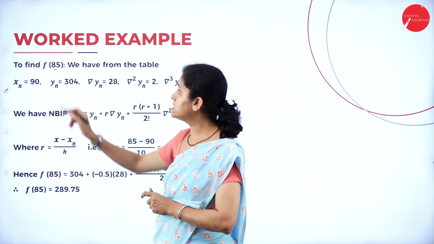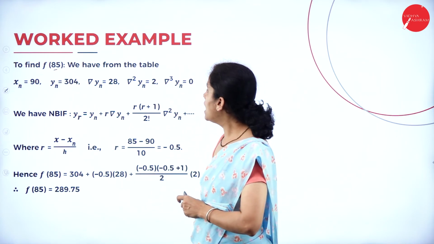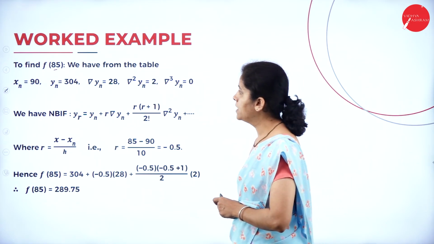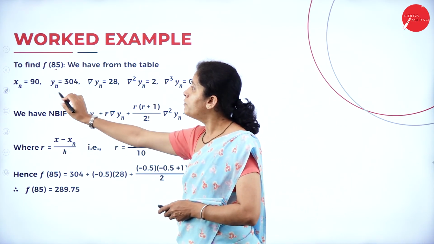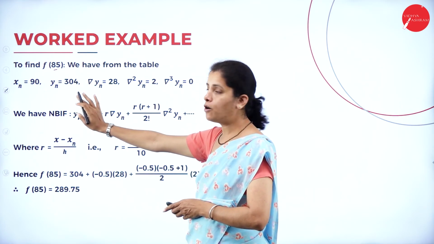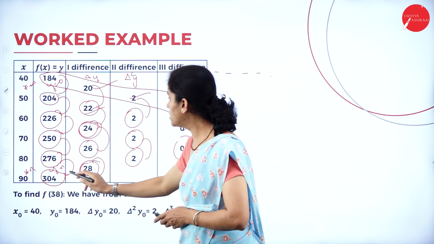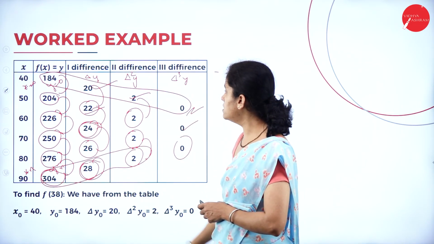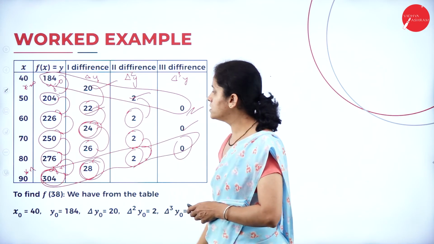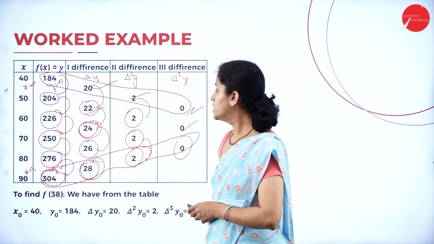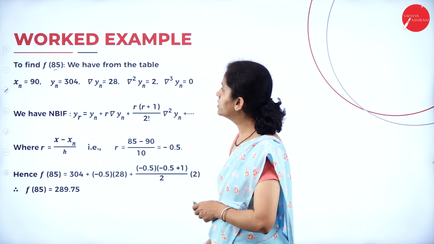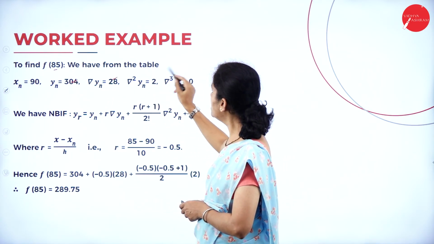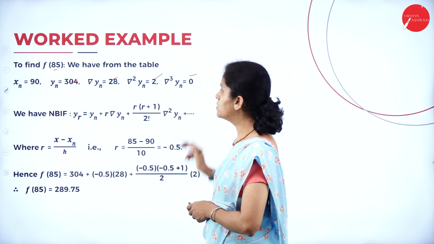Now, I want to apply Newton's backward interpolation formula. What is x? x is 85. And what about xn? xn is nothing but 90. For the backward interpolation formula, I want to consider these values: 304, 28, then 2, then 0.